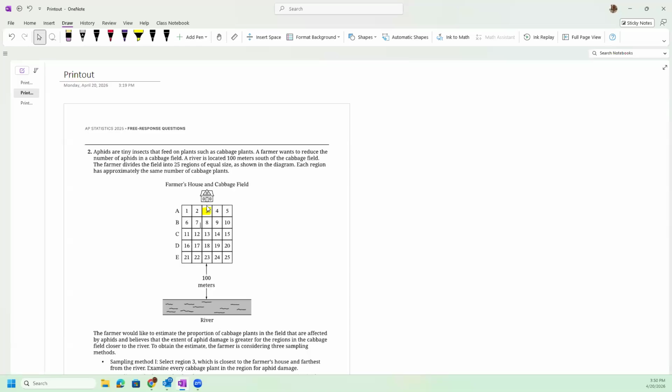That's a convenience sample, and that's not a good sampling method. You've introduced bias. You are not doing something randomly. So that is an idea of bad sampling.